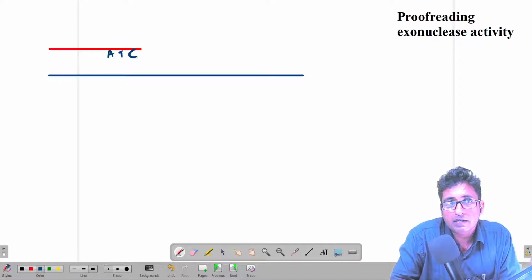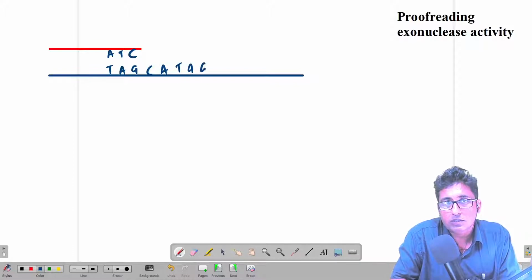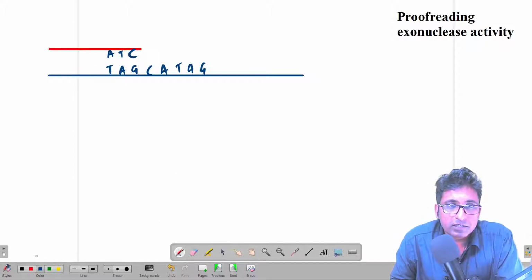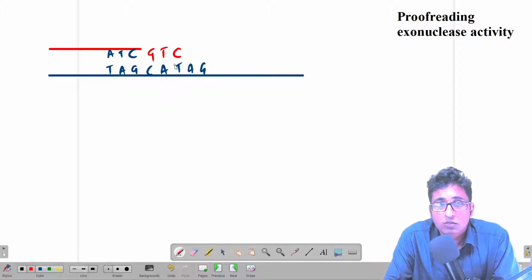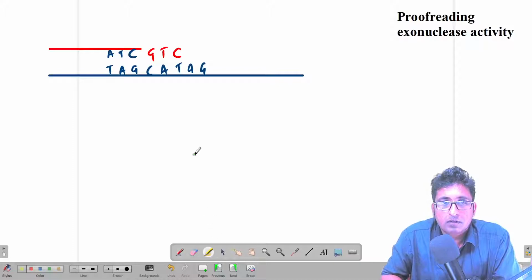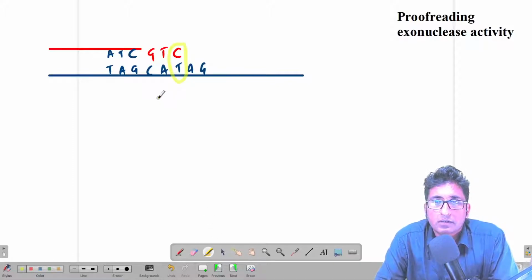So if we had something like this, say we will cook up this, CATAG. Now DNA polymerase has to add C, T, and if it added something like cytosine here, which is a mismatch, this is wrong and should be corrected.